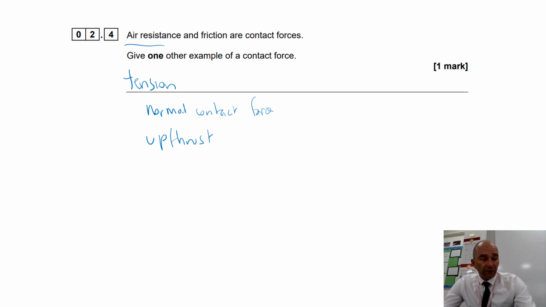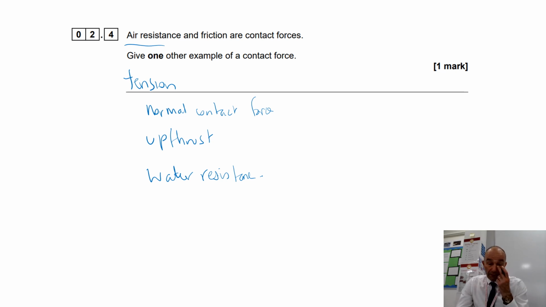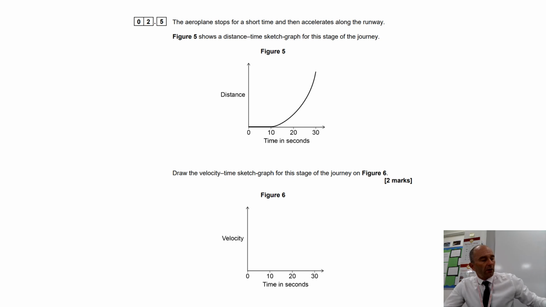If they've given you air resistance, they would also allow things like water resistance, which seems very generous. Now they won't accept drag because of course that was mentioned in the previous question in that diagram. But anything like that, you've picked up 1 mark.